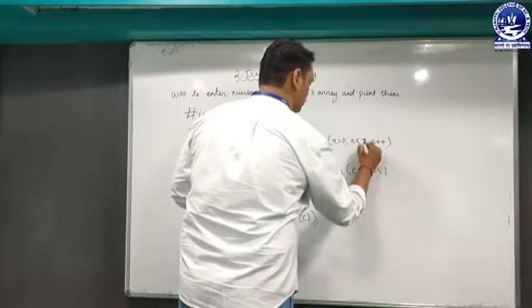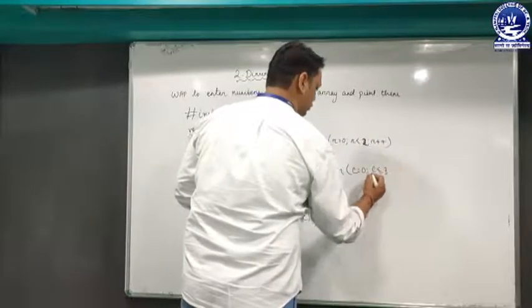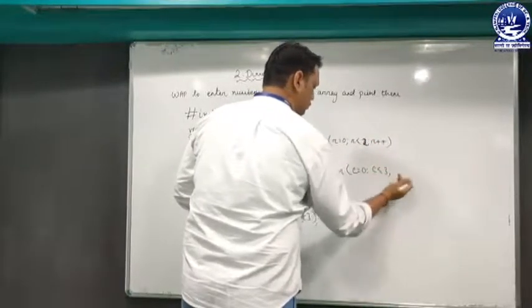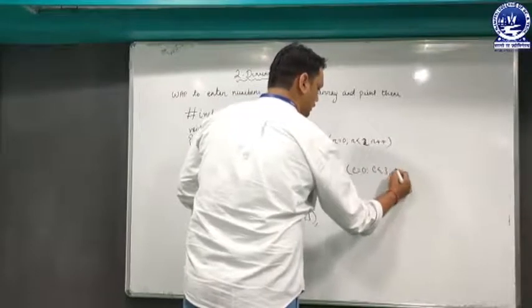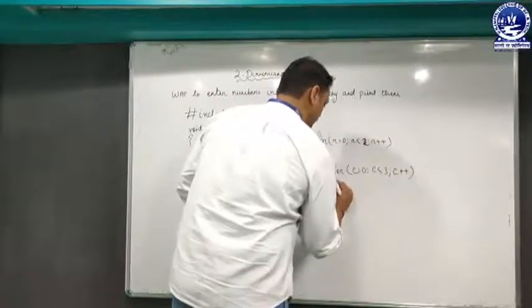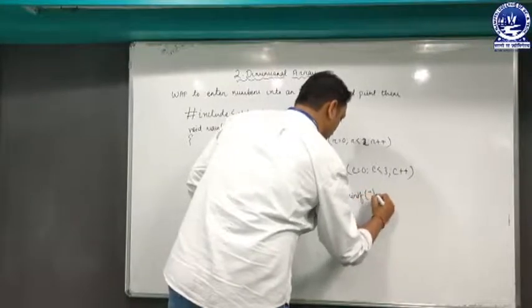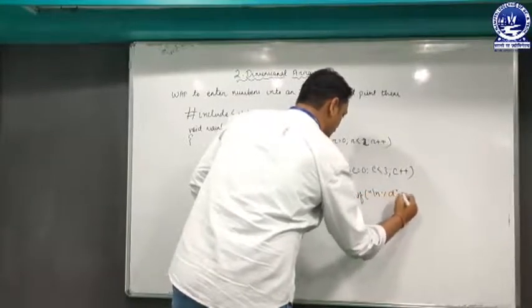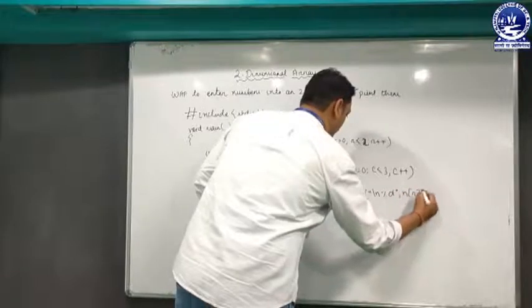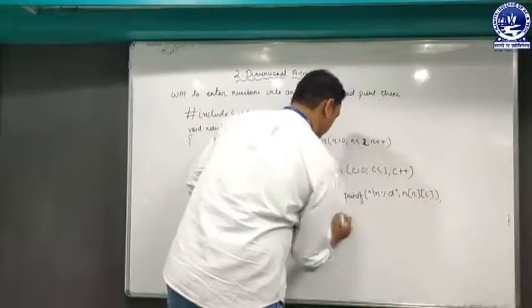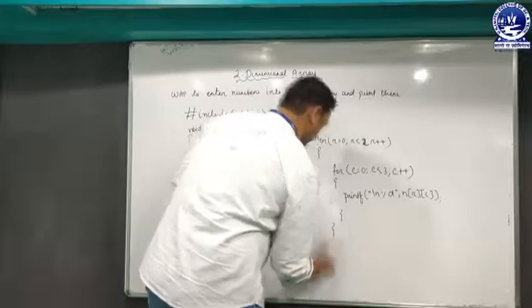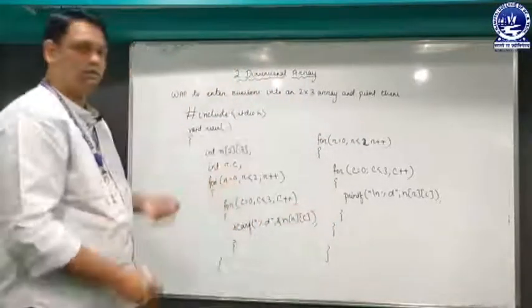We have row values as 2, so we must write r less than 2, and we have column value as 3, so it will be c less than 3 and c plus plus. Now we will be printing the values. \n %d n of r and c. Now we will be explaining with a rough work.